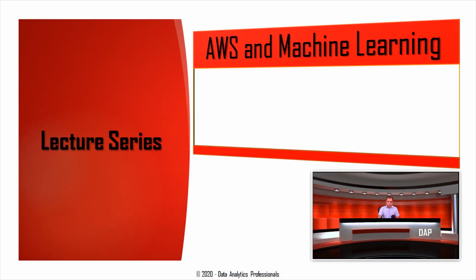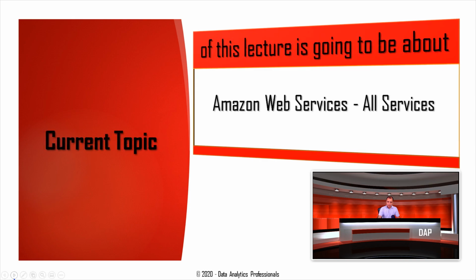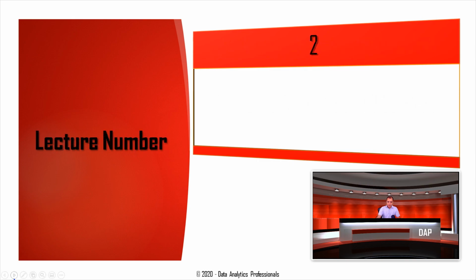Let's quickly jump into today's lecture topic. Before I begin, I would like to remind all of you that this is a lecture series on AWS and machine learning. The current topic of this lecture is Amazon Web Services, and we're going to talk about all its services.